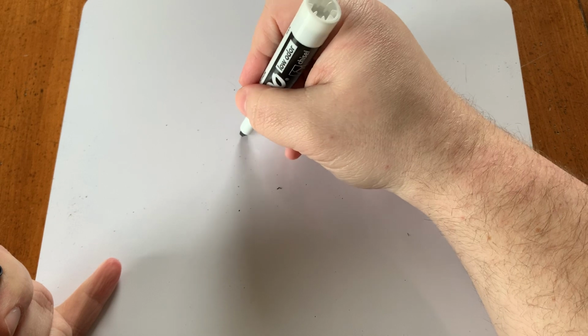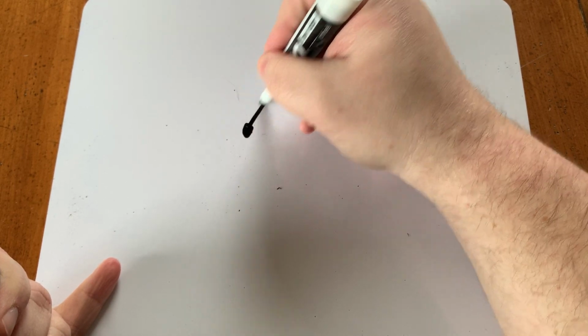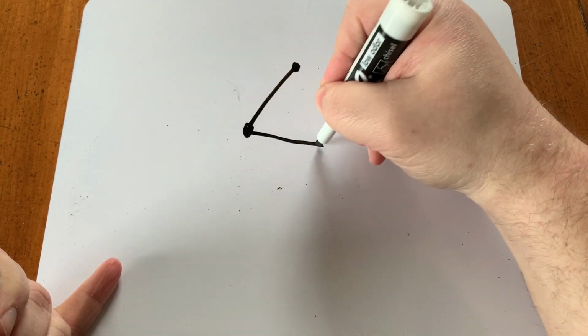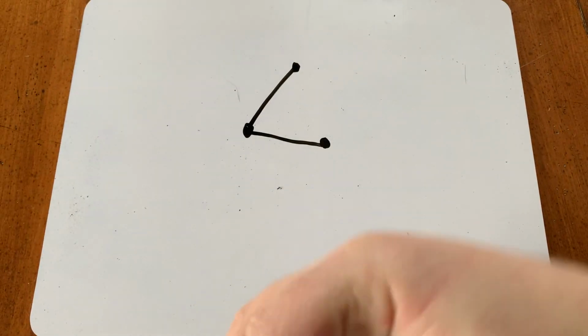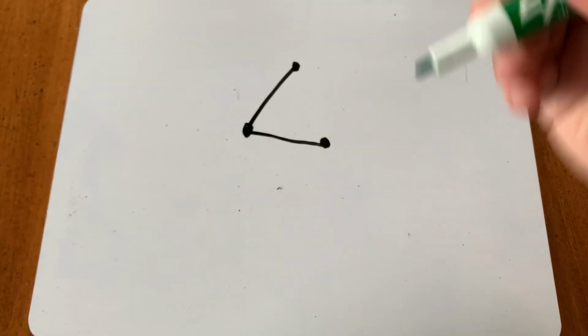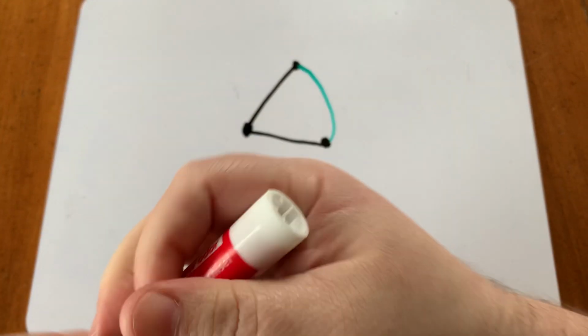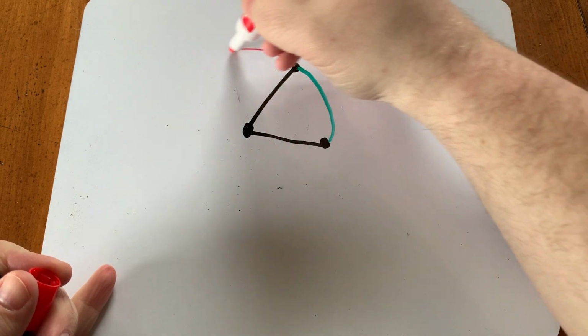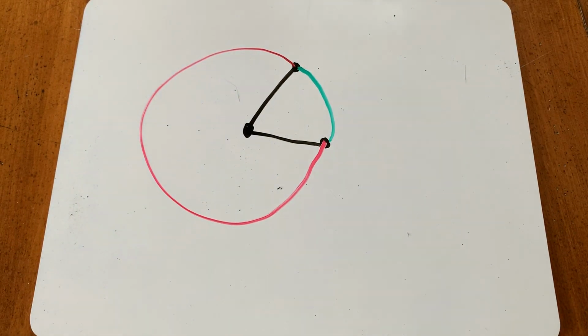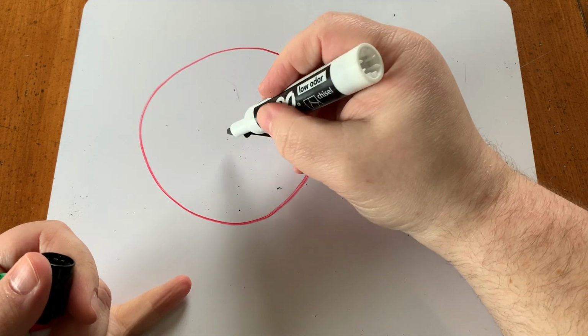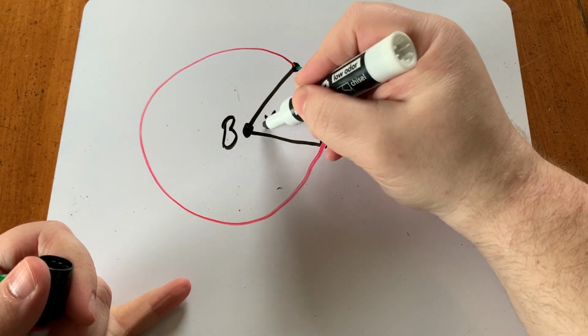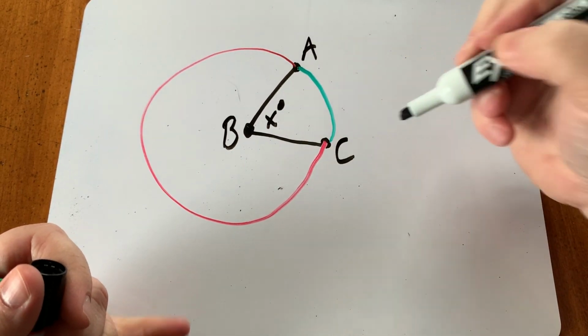So now, I'm going to set up the same situation. So we had our radii like that. We had our smaller arc like that, and our larger arc out here. Again, I apologize for how awful my circles look, but we're all just going to have to deal with it.